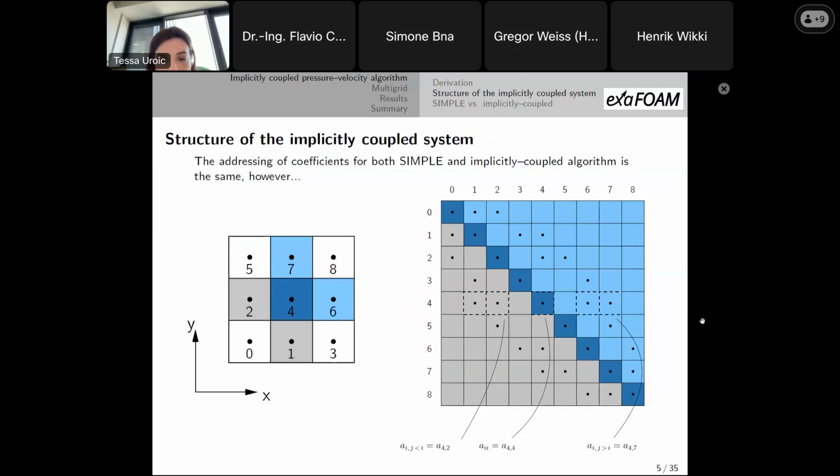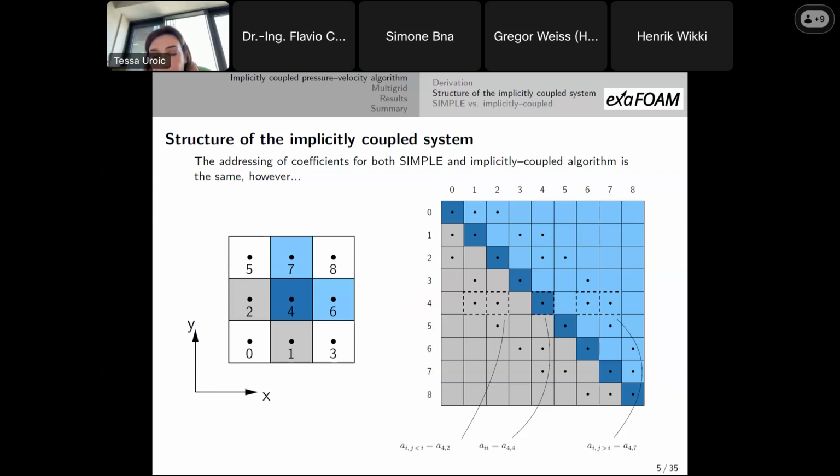As for the structure of the matrix, we have chosen to keep it the same in the block-coupled pressure-velocity algorithm. So we have the upper and the lower triangle. The storage is basically the same. The diagonal terms, these little dots which represent the elements of the matrix, corresponding to a very simple mesh on the left-hand side of the image, are non-zero.